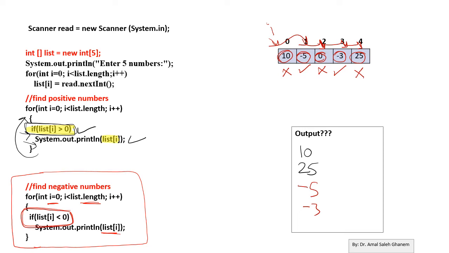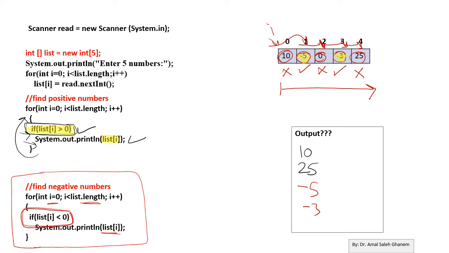So what we did, again, we went from the beginning till the end of the array. If the element is negative, we do the output of the element. So 10 is not negative, so I will ignore. Minus 5 is negative, so I will do the output. I will ignore 0, and then I will do the output of minus 3, and we will ignore 25.